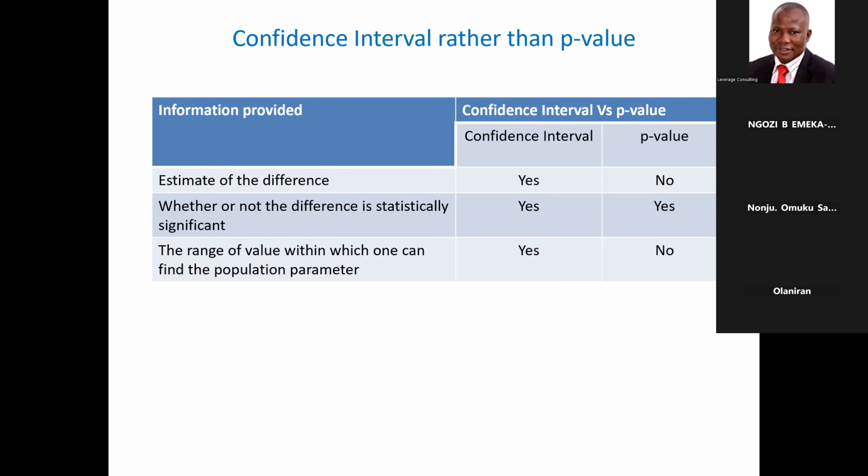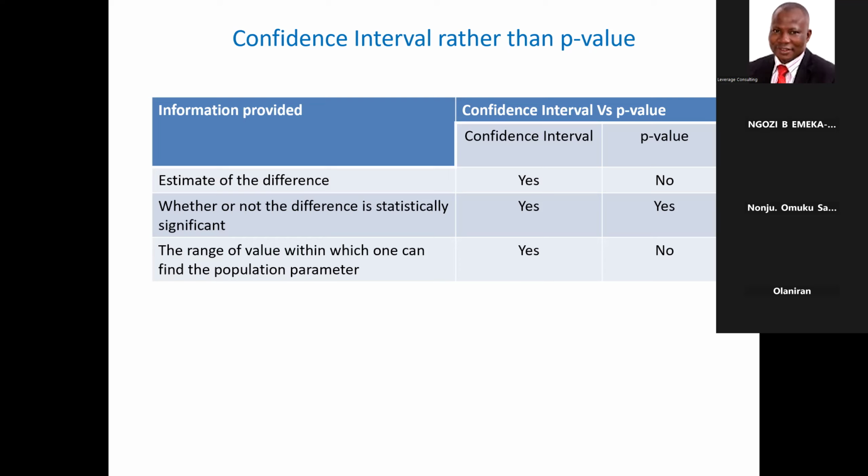There are three pieces of information. The first one is the estimate of the difference. The confidence interval gives it to you, the p-value does not. That's why for the confidence interval, yes; p-value, no. The p-value cannot give you the estimate of the difference.